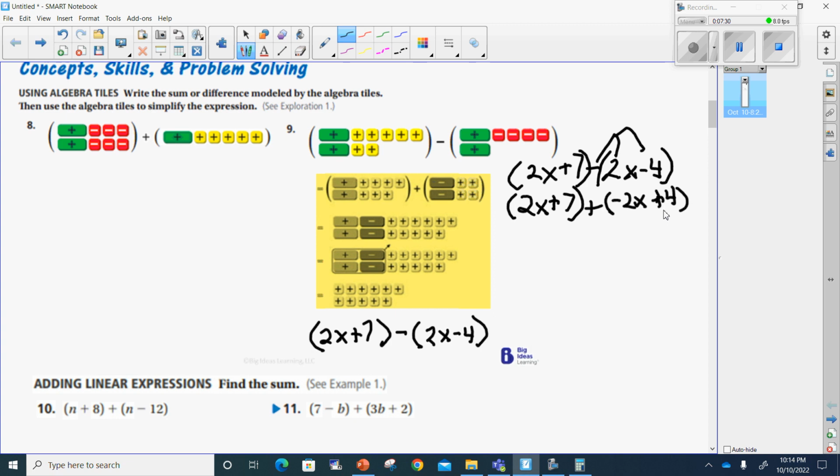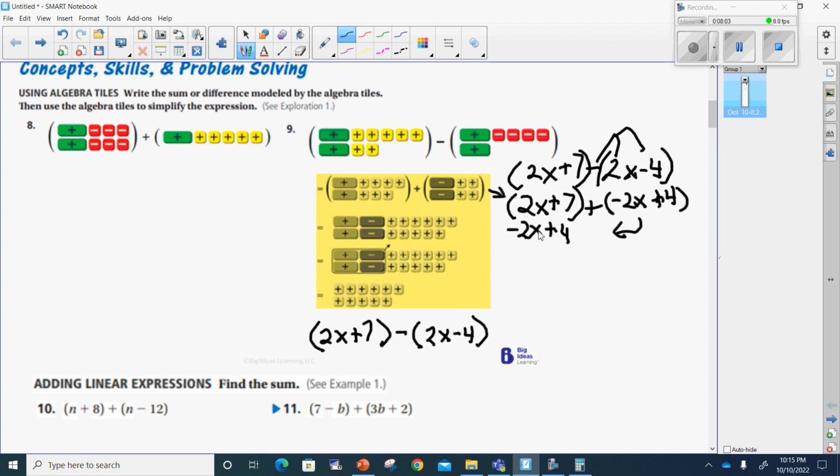Now I can take this and bring it down underneath here. I got negative 2x, and that's what they're talking about here with these two negative 2x's, and plus 4. And that's what they're talking about over here. We got the positive 4's, right? This was a negative number. Now they become positive 4's, right? Because we added them. See, that's how we got to this point.